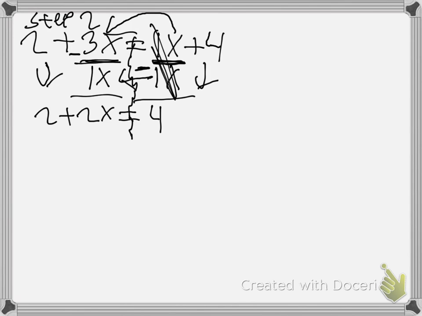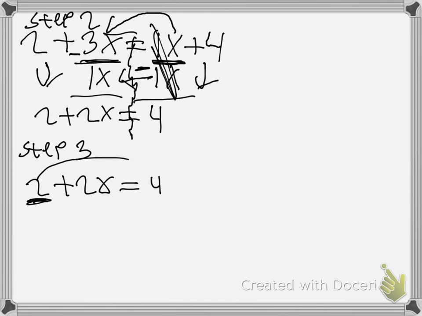2. So step 3, I'm going to rewrite this. 2 plus 2x equals 4. Move the 2 to the other side. And so the opposite of plus 2 would be a minus 2.